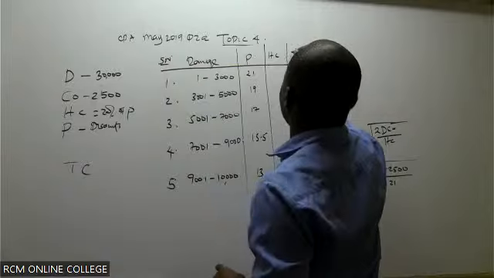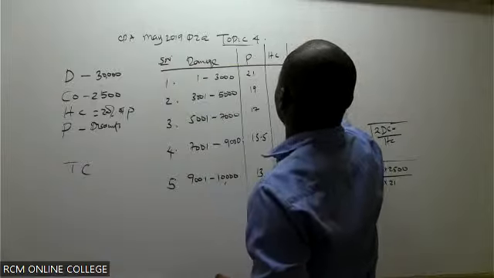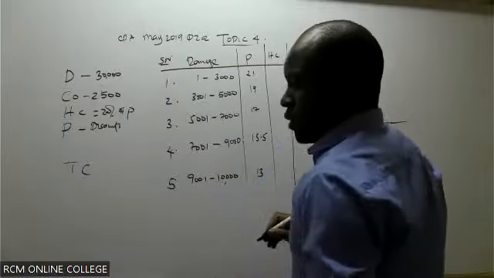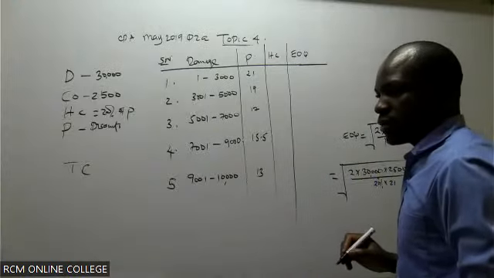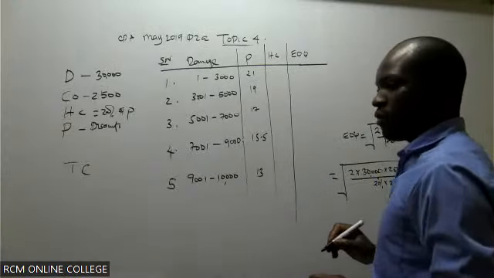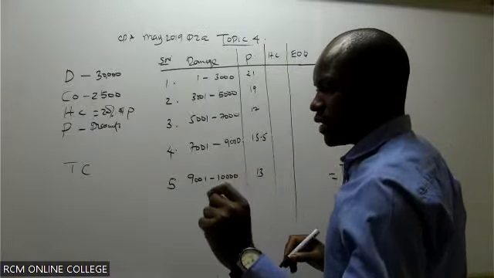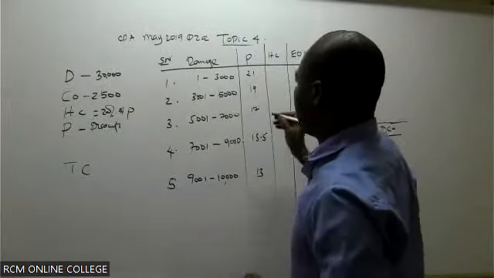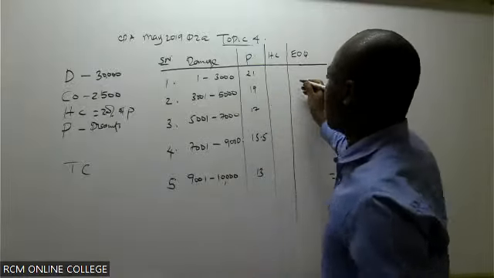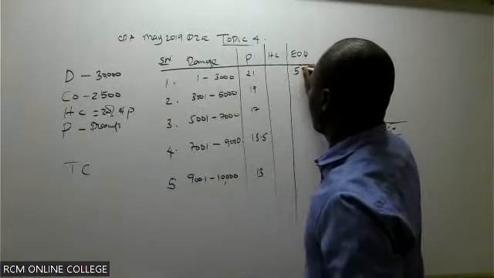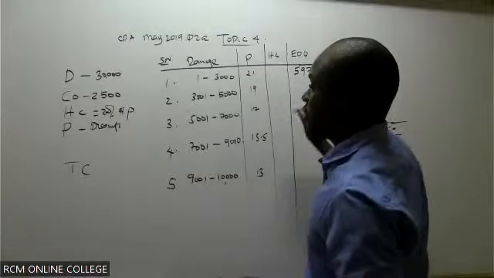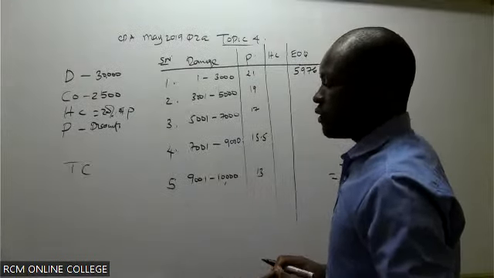Then I now have my economic order quantity. Good. So if that is done, what are we getting? 59.76. We can just give them to the nearest whole number.